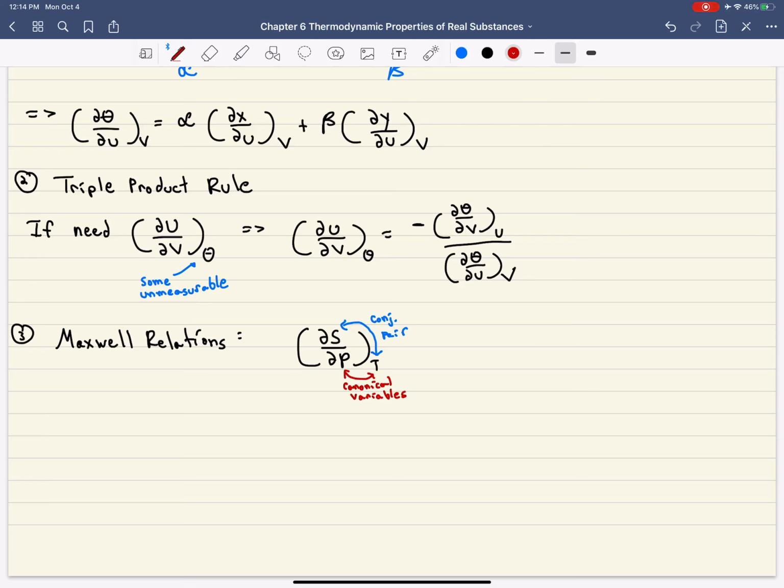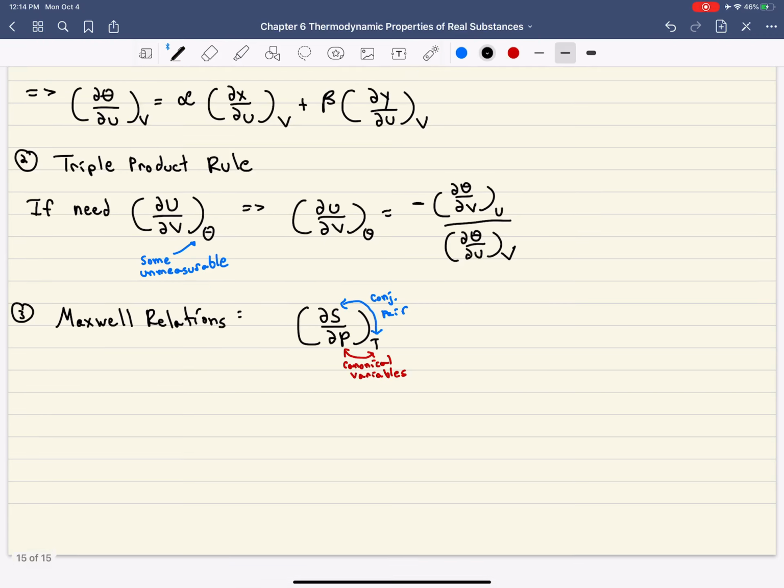If you have anything in this form, where the numerator of the partial derivative and the constant variable belong to the same conjugate pair, and the denominator and the constant variable are both canonical variables of some energy function, that tells you that you need to apply the Maxwell relations.